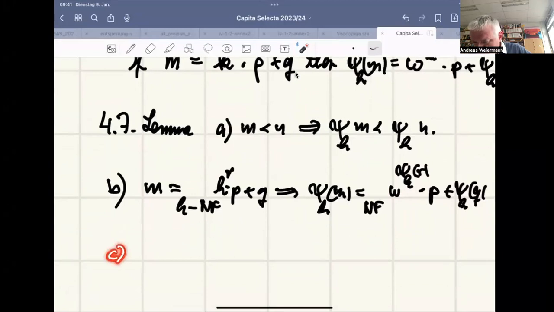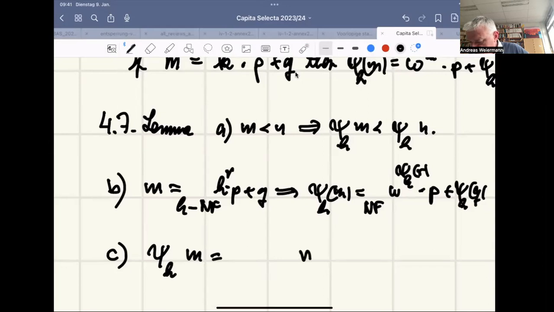And C is easy to understand. So take number m and replace hereditarily base k by omega. It's the same as if we first take m, replace every occurrence of base k by k plus 1, and then afterwards move k plus 1 into the omega.